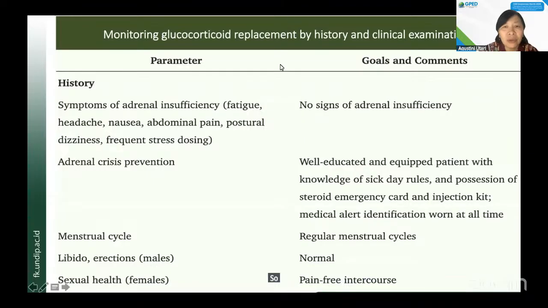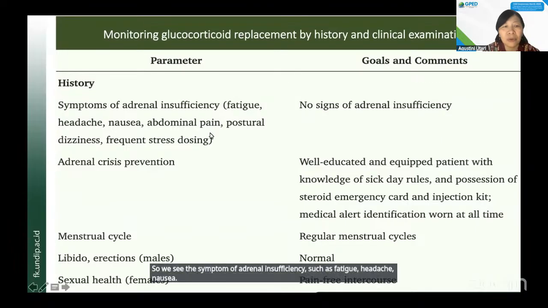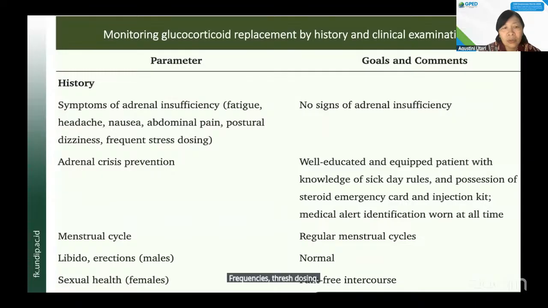So monitoring glucocorticoid, usually we can see actually from the history. So we see the symptoms of adrenal insufficiency such as fatigue, headache, nausea, abdominal pain, or postural dizziness, frequency of stress dosing. So the goal is no sign of adrenal insufficiency.